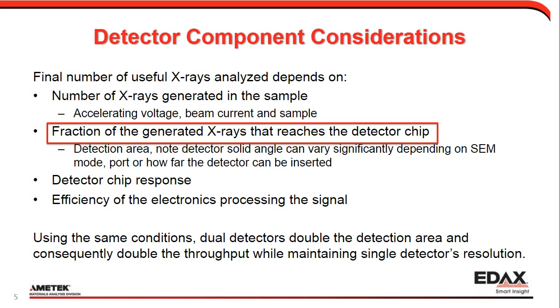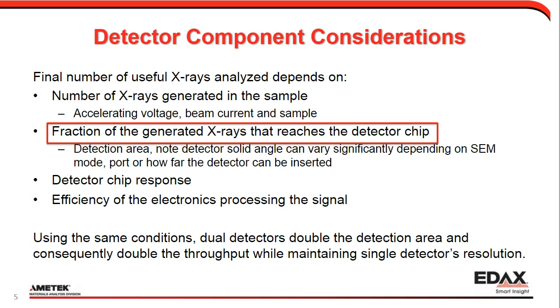The input count per second seen by a given EDS detector is highly dependent on the sample, electron acceleration voltage used, and the beam current at the sample. Keeping these parameters the same, the number that is considered to have the biggest impact on the input counts per second is detector chip area.